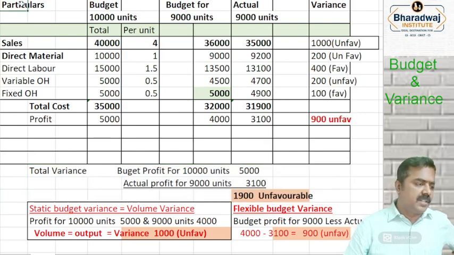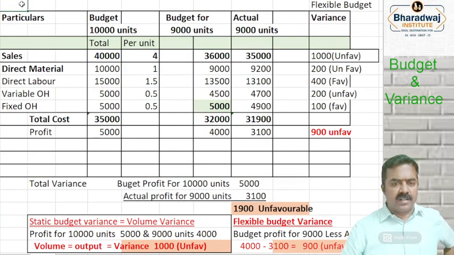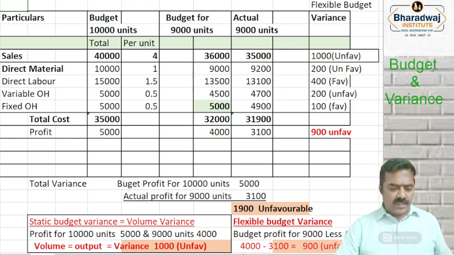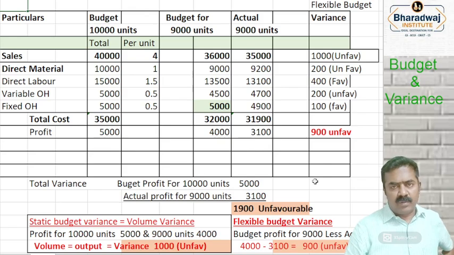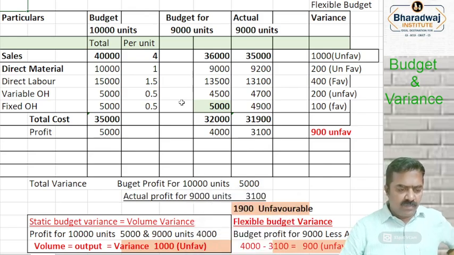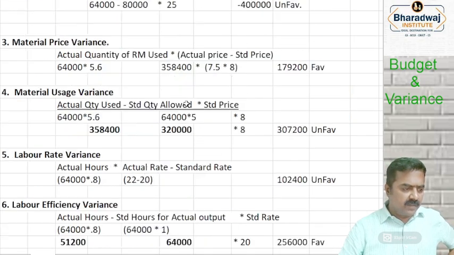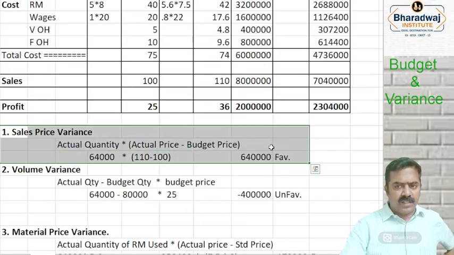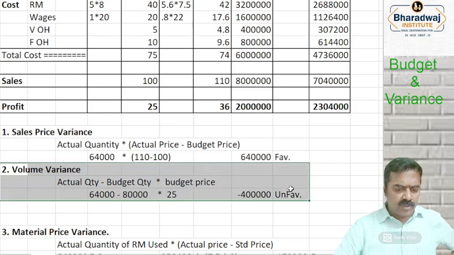This we have done in the budgeting chapter, and thereafter while starting variance analysis also. Now what I request is work out the variances that we have done earlier. For the previous question, what are the variances we have done? Sales price variance, sales volume variance also you can do.